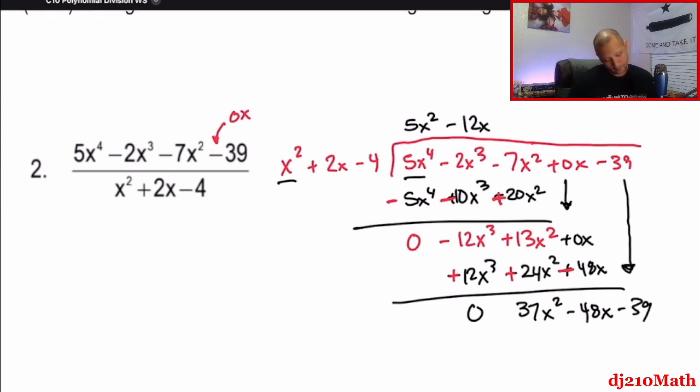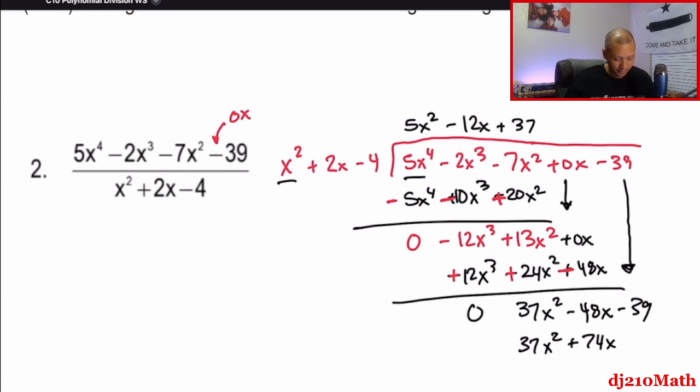Okay. Last iteration. x squared times what gives me 37x squared? It's positive 37. So plus 37. Multiplying all that times the outside will be 37x squared plus 37 times 2, so 74x.